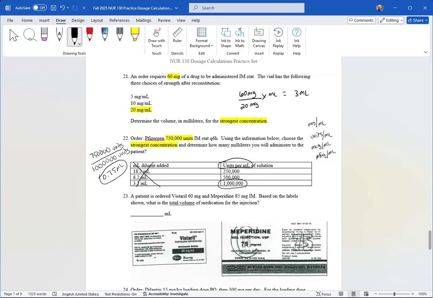So give me 1 second. I'm going to pull up the images. And I do have these pictures in the Dosage Calc folder. It's just titled reconstitution labels. So give me 1 second. I'm going to share. I'll come back to that page there.